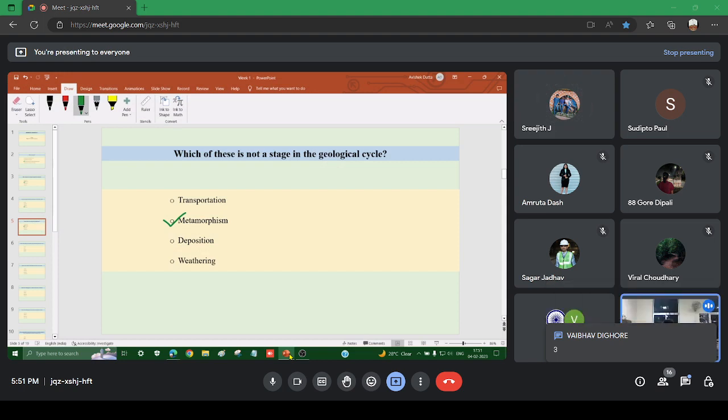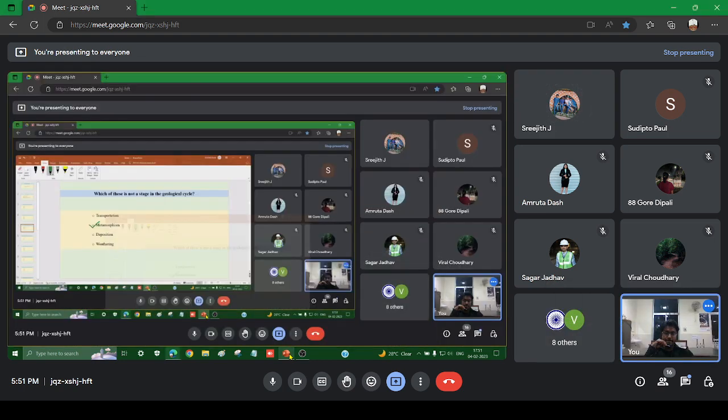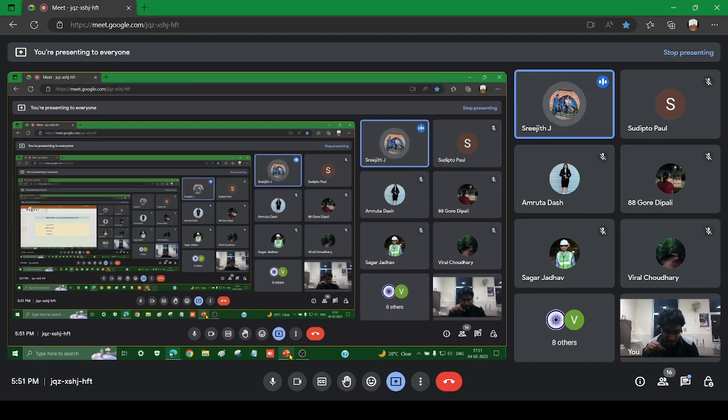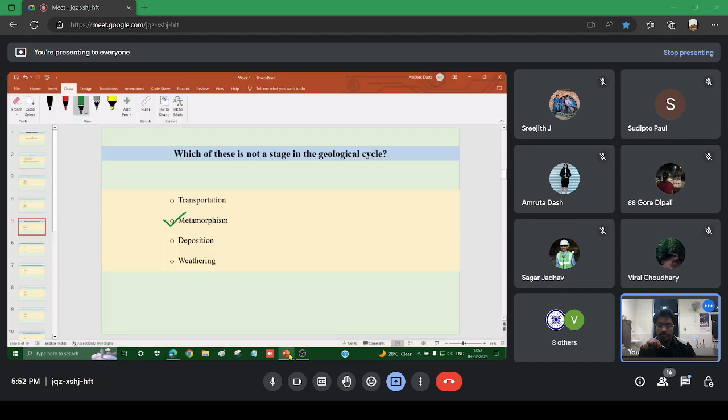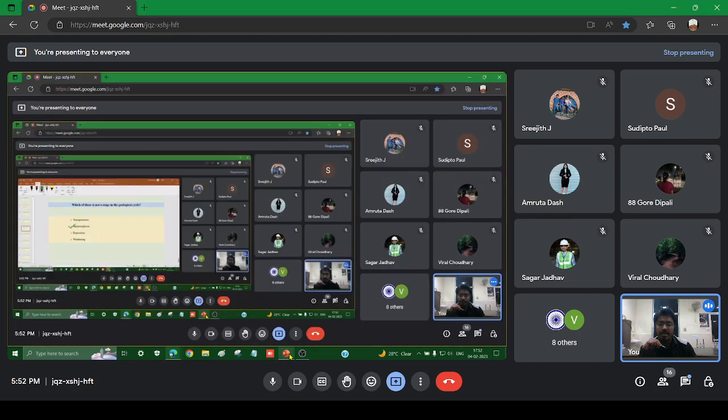So what are metamorphic rocks? Metamorphic rocks are formed under specific pressure and temperature conditions. No, I mean what is the basic material? If a metamorphic rock is being formed, from which kind of substances is it formed? Basically the parent rock.